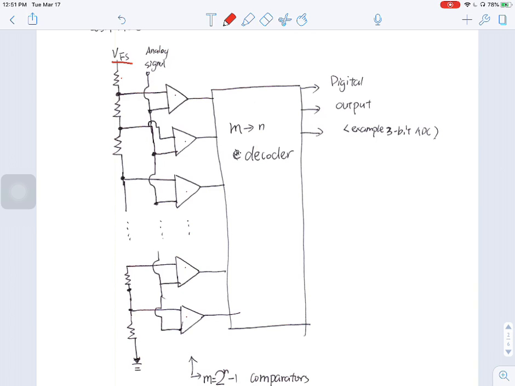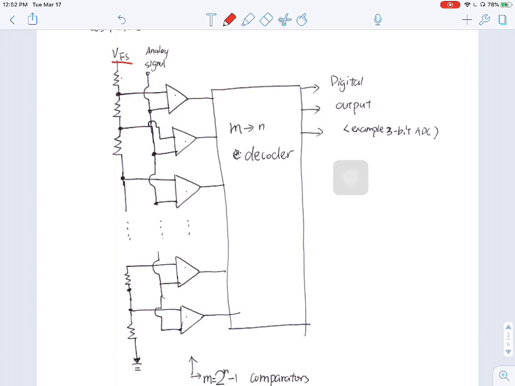So what it's doing here is all of these comparators are comparing the input analog signal in real time to the reference voltage signal. And with the M to N decoder, it gives you a 3-bit digital output, depending on how many bits you have.